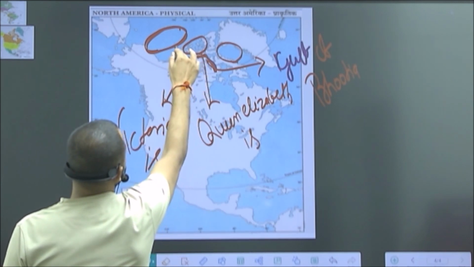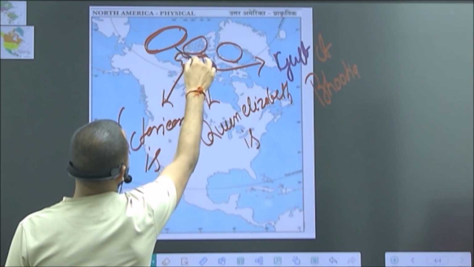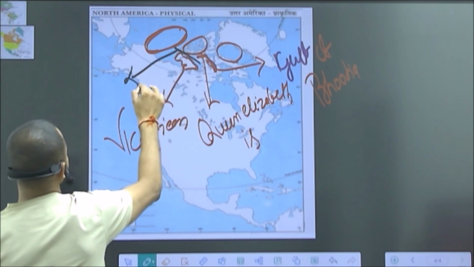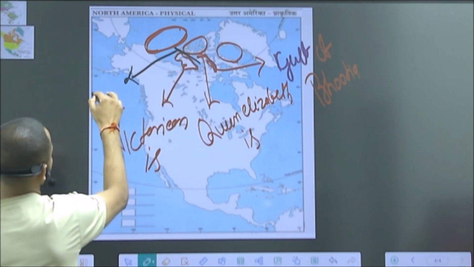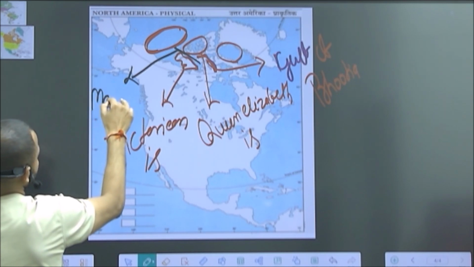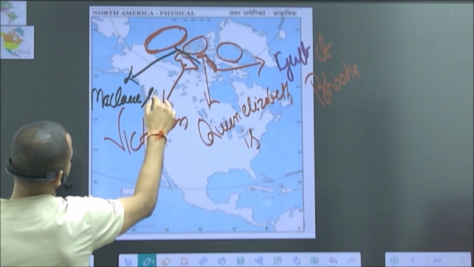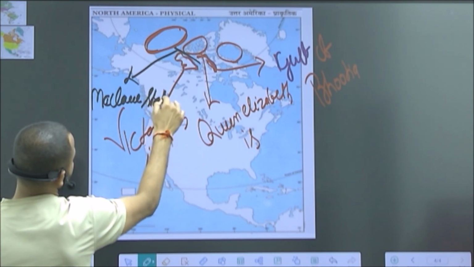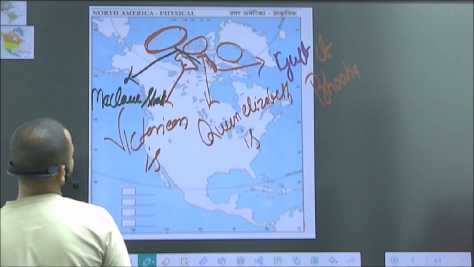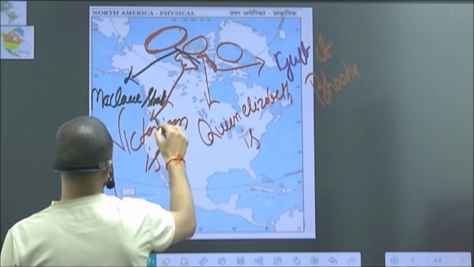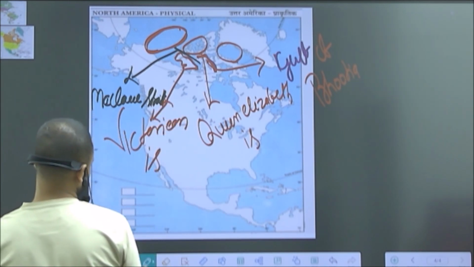Here you can see one water strait is situated, which is known as McClure Strait. It is known as Victoria.